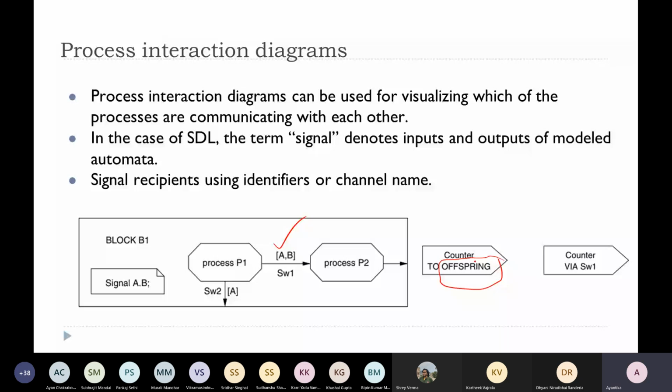Or it can be via some channel, a dedicated channel between different processes. So these are two notions, both are possible. When we are talking about the process interaction diagram, we are thinking about the channel through which message exchange is taking place, and what the message is that goes from process 1 to process 4. Same for some other processes.